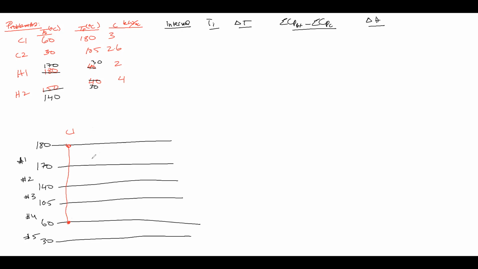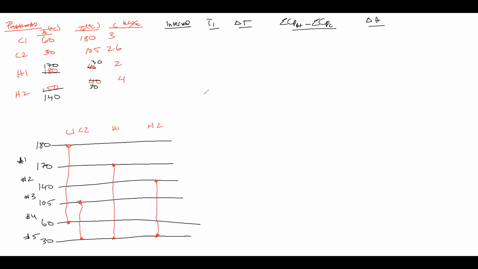C2 goes from 30 all the way to 105. H1 goes from 170 to 30. So this is H1 here. And H2 goes from 140 all the way to 30. Okay, so I defined my 5 intervals, and I'm just going to fill out this table right here.